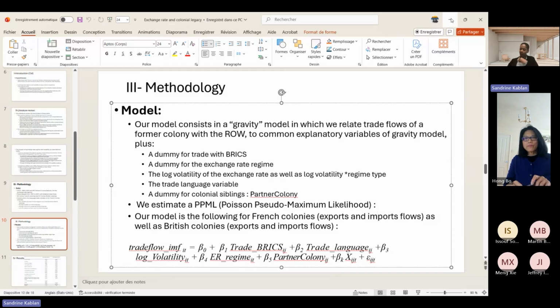We will be more able to grasp the features, what influence those trade, what explain these trades.